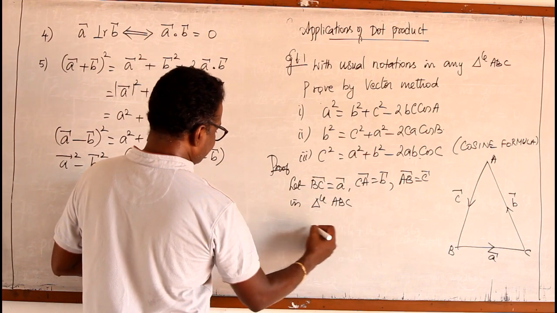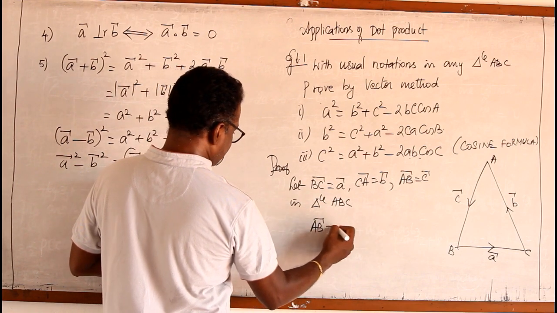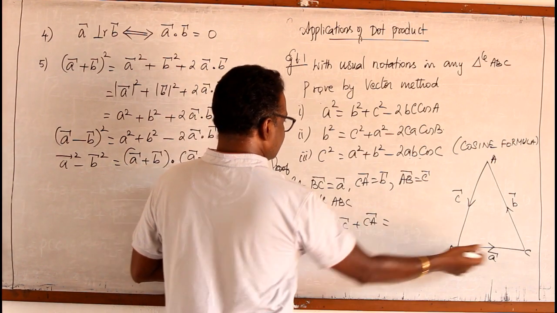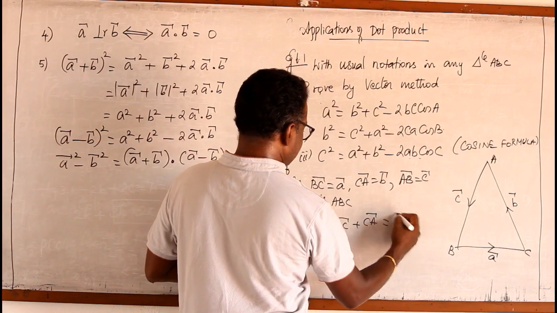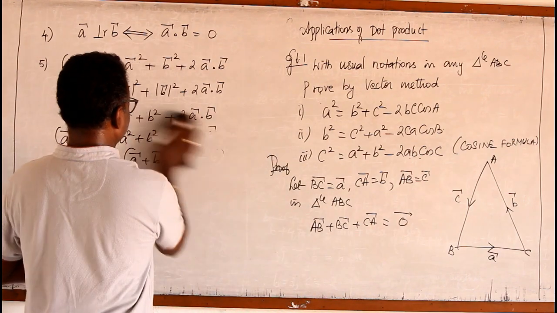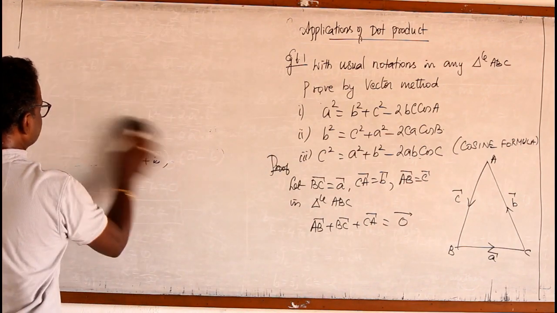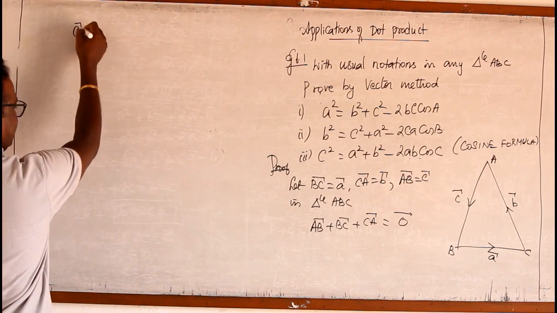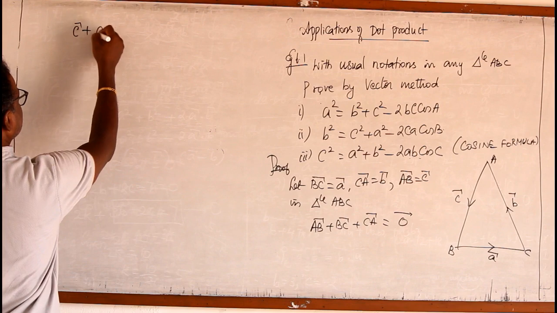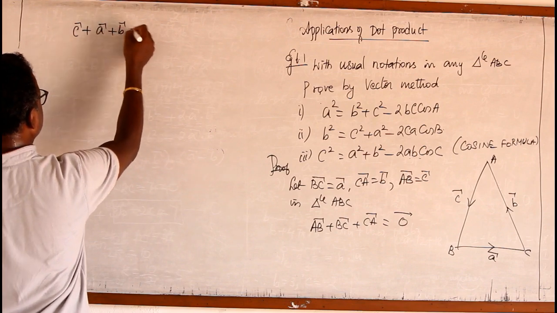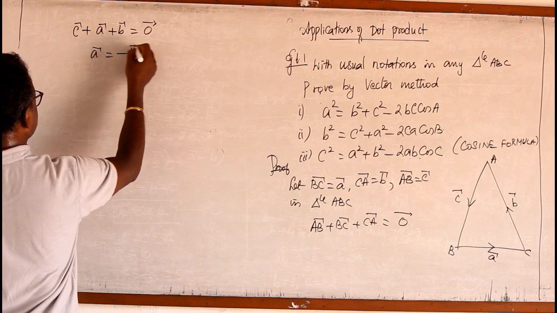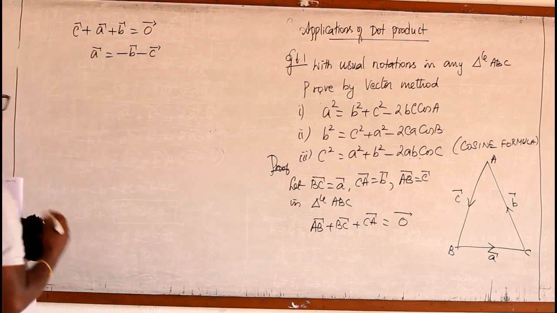Now we know that the sum of the side vectors, AB plus BC plus CA, is always the zero vector. So substituting, c vector plus a vector plus b vector equals 0, then a vector is minus b vector minus c vector.